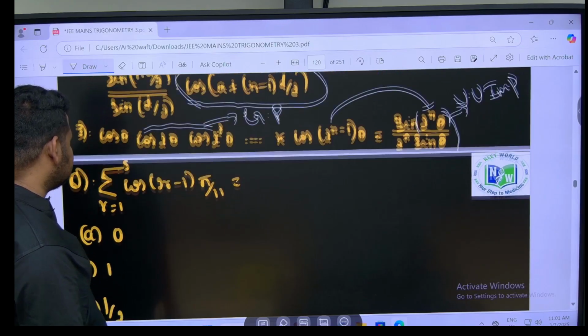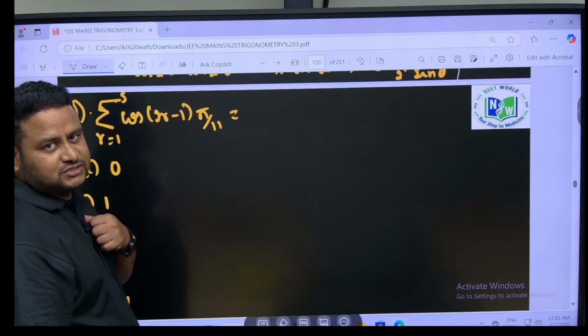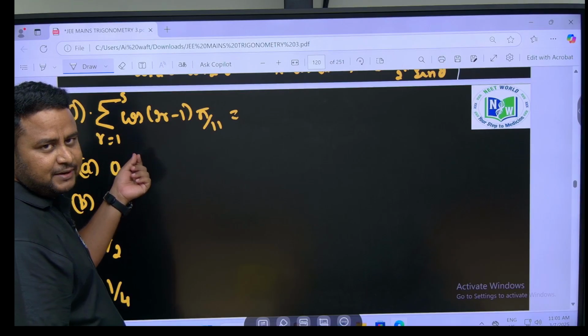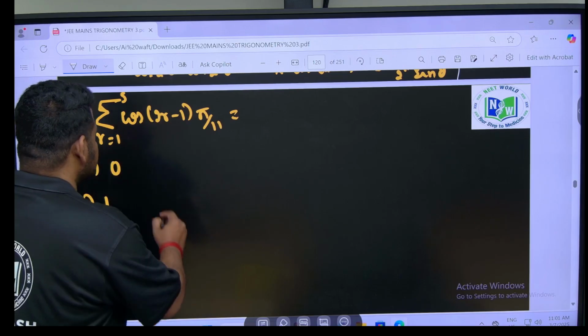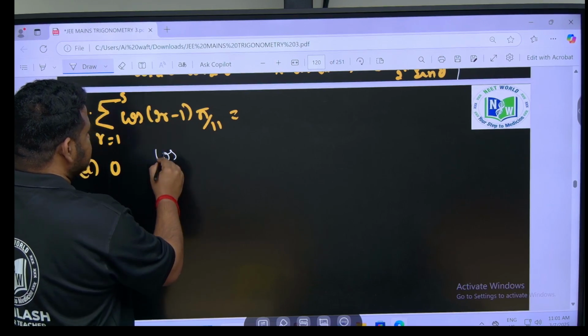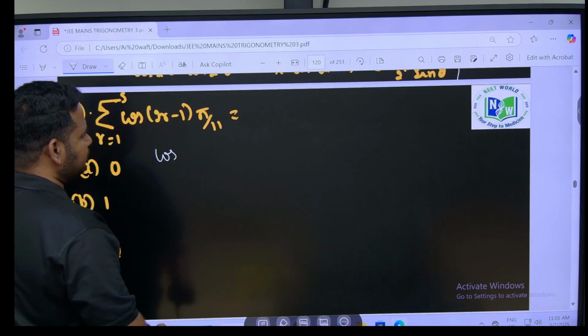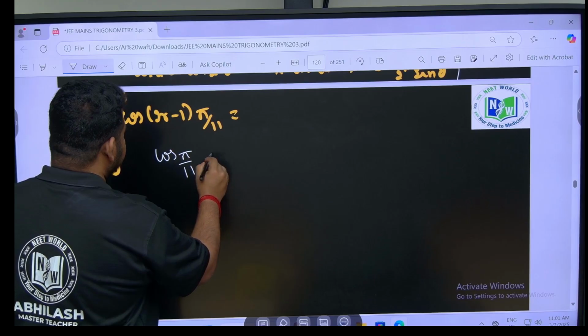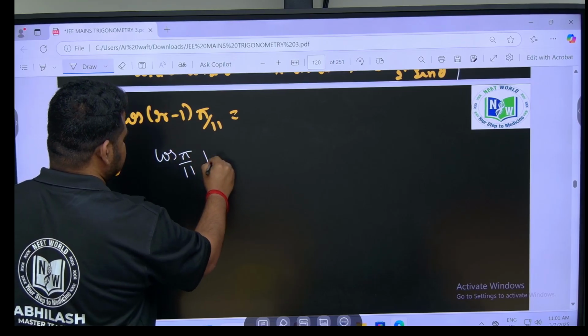Now let us solve some questions. Here they have given the sum over r from 1 to 5 of cos of (2r minus 1) pi by 11. Let us get the expression first. When r is 1, it is 2 minus 1, that is 1, cos of pi by 11. Next, this is a summation, so it is plus.